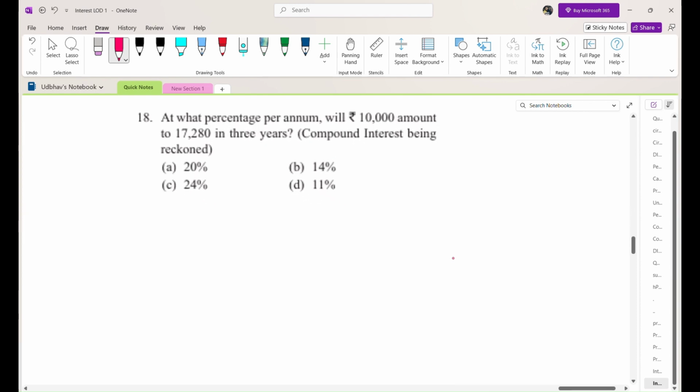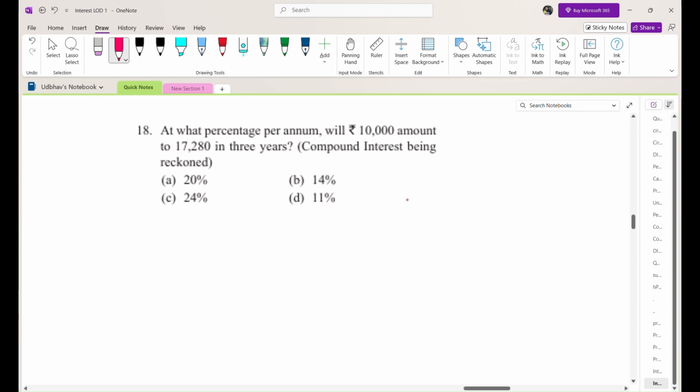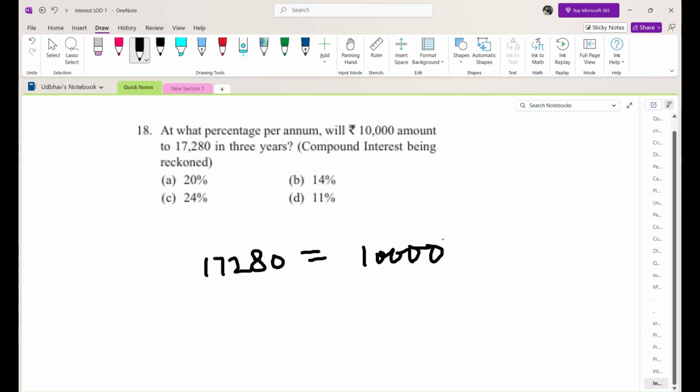Question number 18. At what percentage per annum will 10,000 amount to this in 3 years, compound interest being reckoned? You can just directly use the formula. This is the principal.